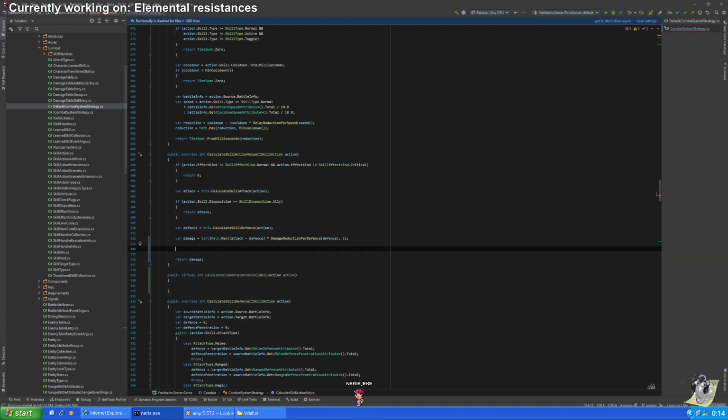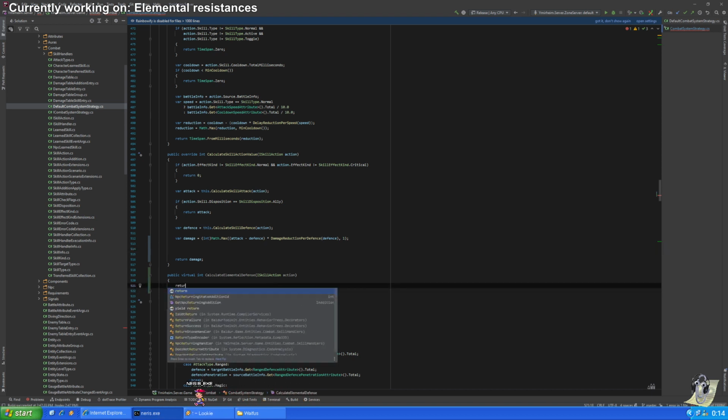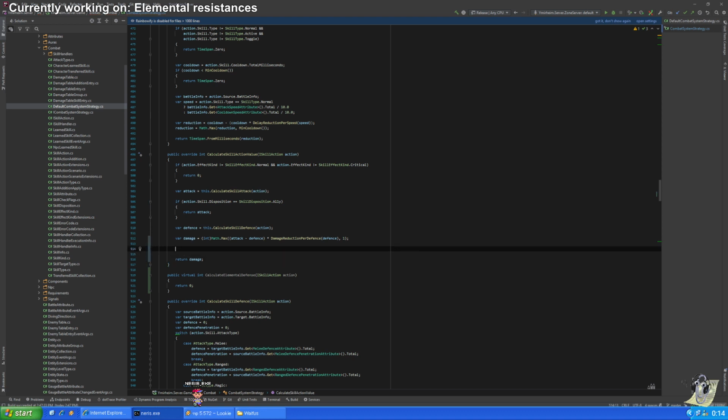What I want to do as well is use this defense. This is weird. Okay. Well, we need to change this a little bit. That's fine.